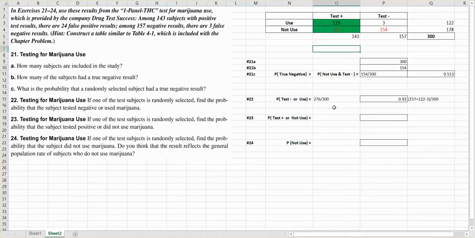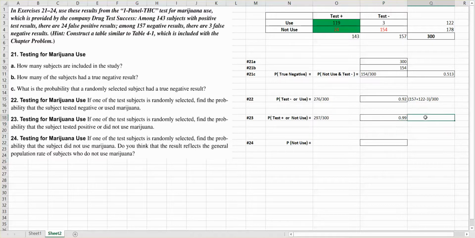Anyway, so we want everybody who fits both of those descriptions. So we want everybody there, everybody there, everybody there. And if we add up these 3 numbers, we're going to get 297 out of the 300 there. And if we compute that, we get 99% on the nose.